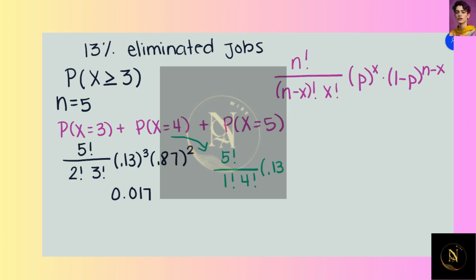Multiply that by 0.13 to the 4th power times 0.87 to the 5 minus 4 power, which is 1. 5 factorial divided by 1 factorial times 4 factorial is 5. So I do 5 times 0.13 to the 4th times 0.87 to the 1st, and I get 0.001.